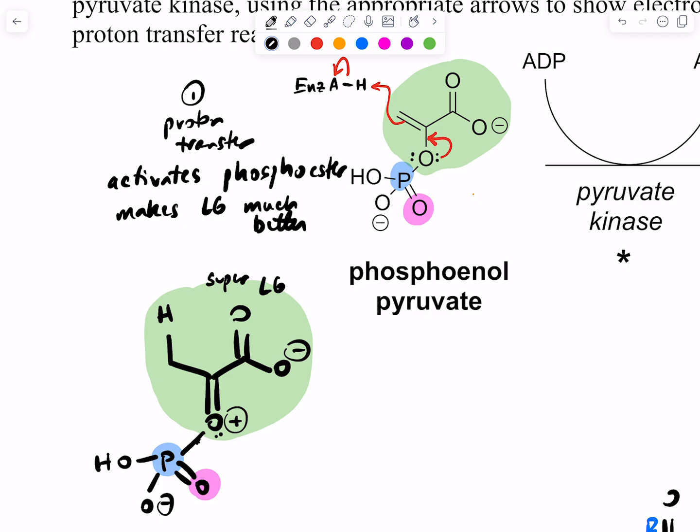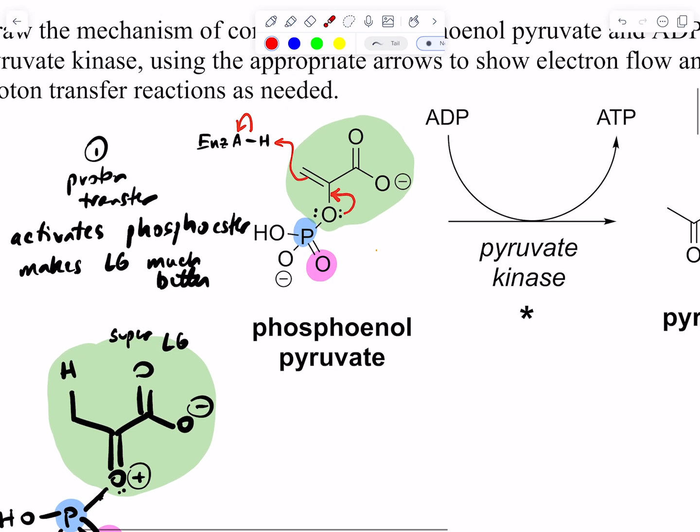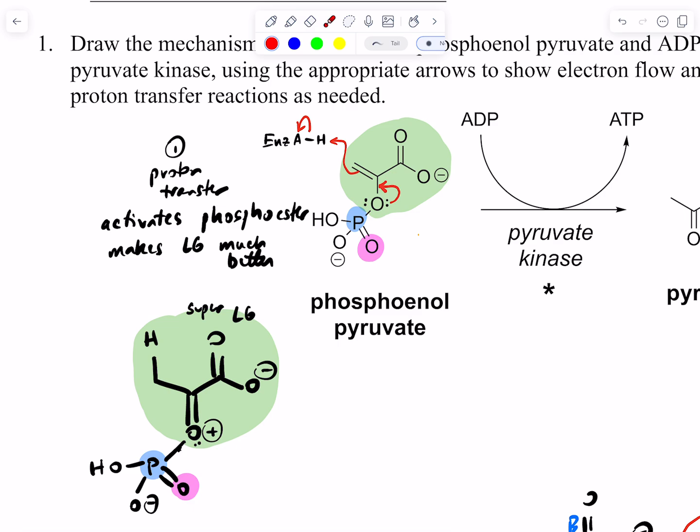Okay. Yep. And maybe the way to remember that something needs to happen first is to remind yourself, hey, this is a phosphoester, and that's presumably level 2, so we've got to do something to bump it up in reactivity to make it more reactive, and that proton transfer step is how you do that. All right.